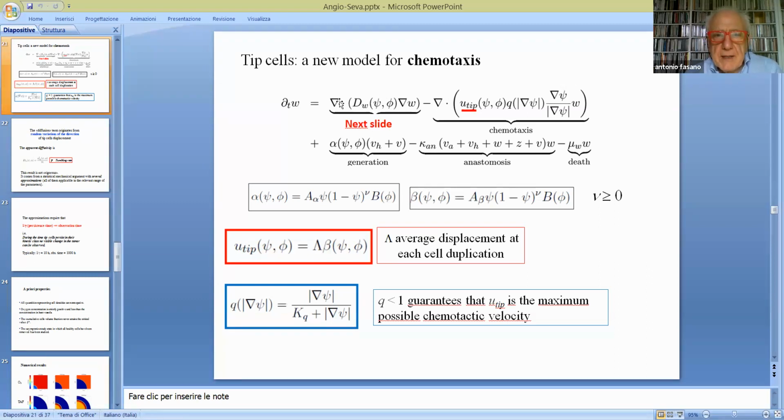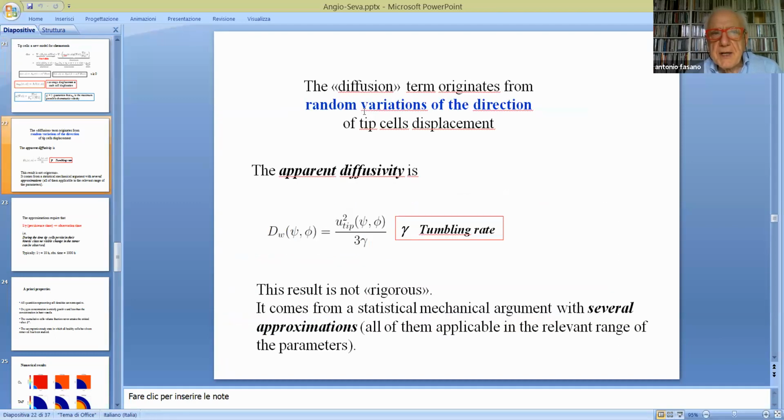So the next slide will explain how this diffusion term is generated. And here is the formula providing the diffusion, this apparent diffusivity. And it is derived through a very long derivation, making several approximations, which are all applicable in the range of parameters we have at our disposition.